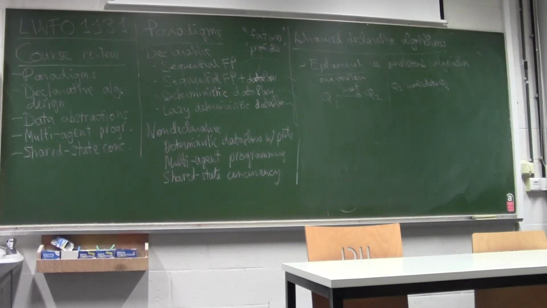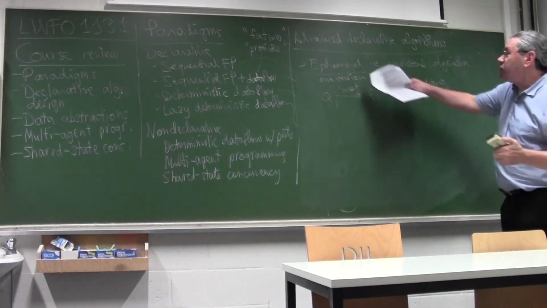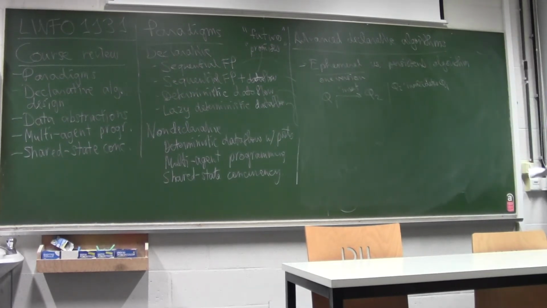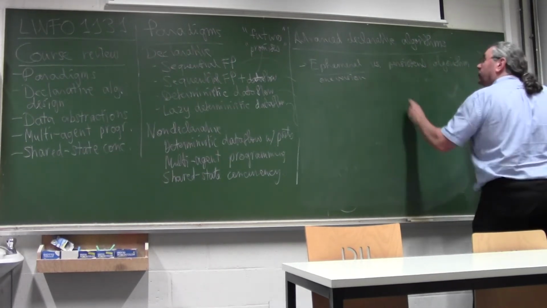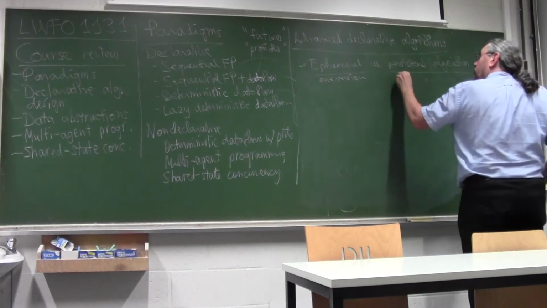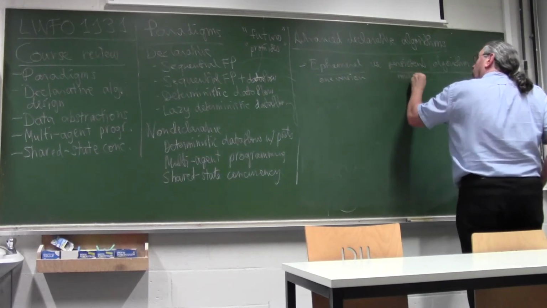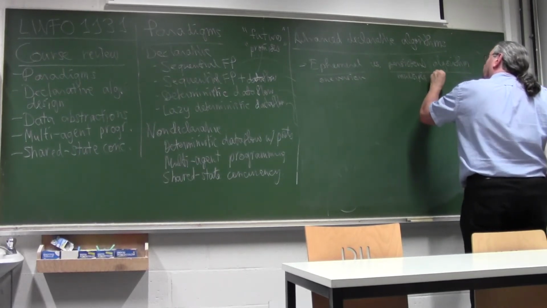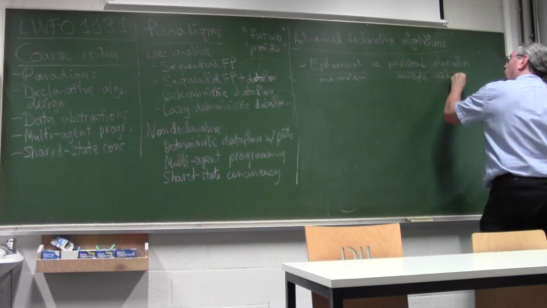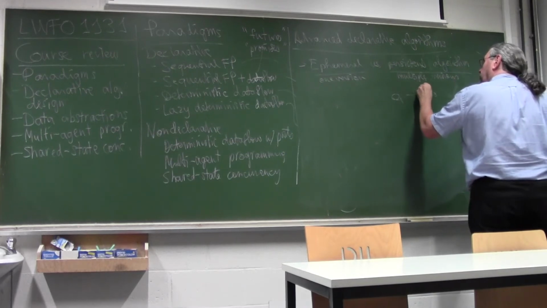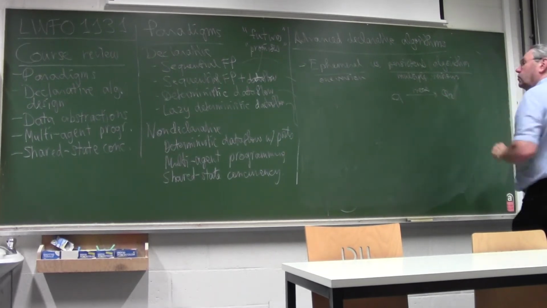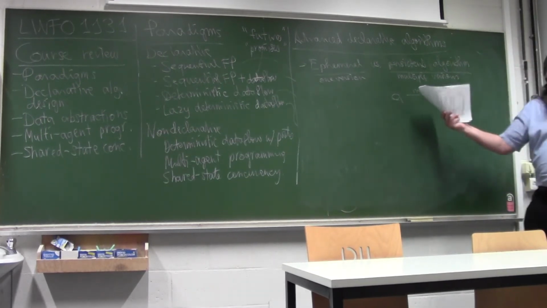I can only have one version. And most algorithms that you use will be ephemeral. Many times you only need one version, okay? But sometimes you need more than one version. In a persistent algorithm, you can have multiple versions of the data structure. For example, if I do Q1 and I do insert, and I get Q2, then Q1 is still okay.